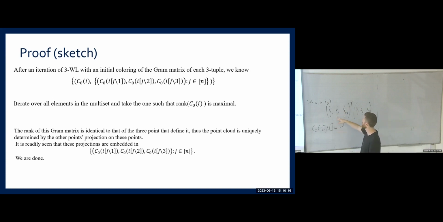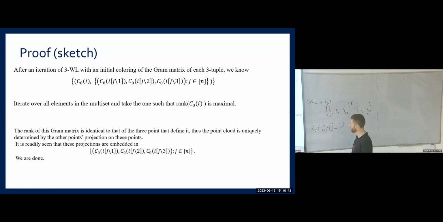I have the projections of the second row of j on I1, I3. So I recover the projections on a local basis of each of the other vectors in the point cloud, and that's it. I'm done. I can recover each one of them.